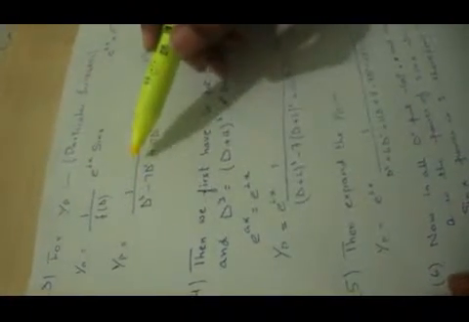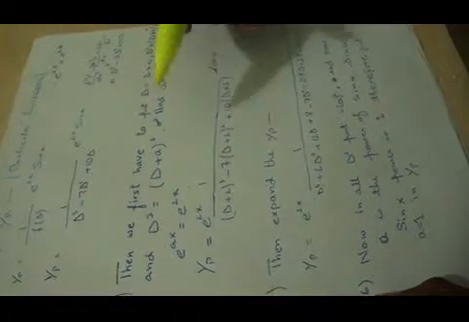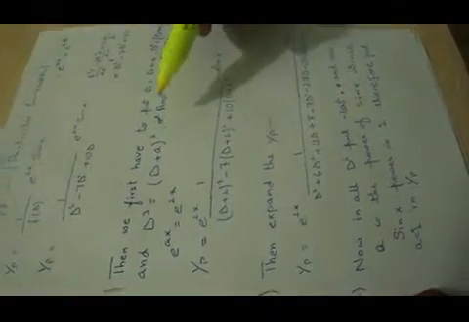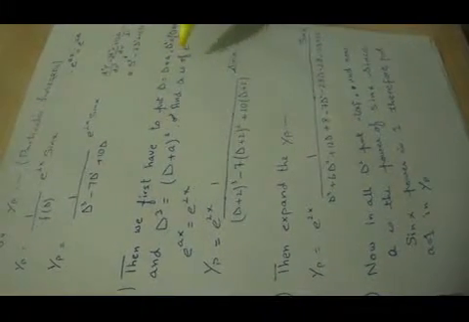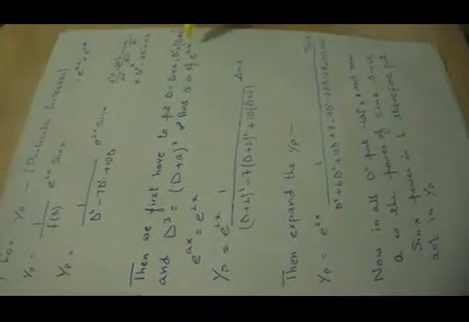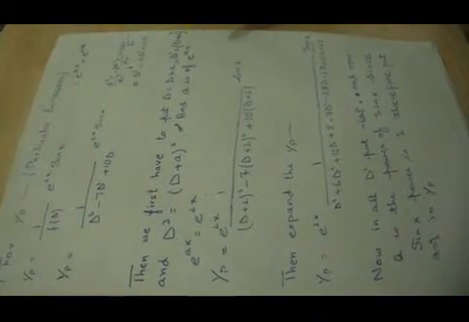Now our equation becomes 1 upon D^3 minus 7D^2 plus 10D e^(2x) sin x. Then we first have to put D is equal to D plus a, D^2 is (D plus a)^2, and D^3 is (D plus a)^3, where a is the constant of e^(ax).